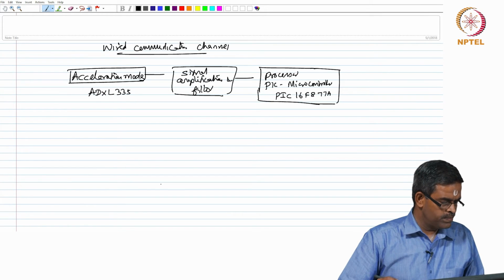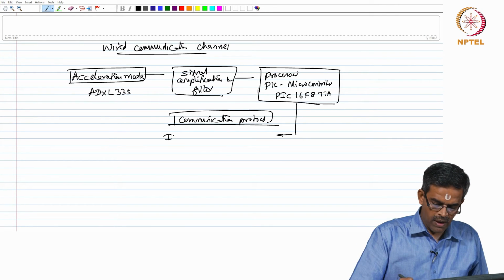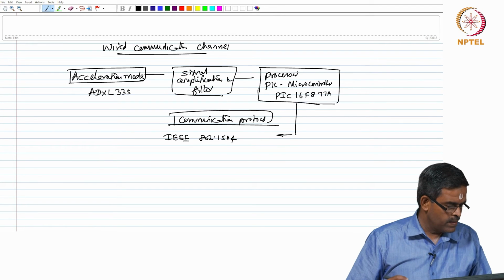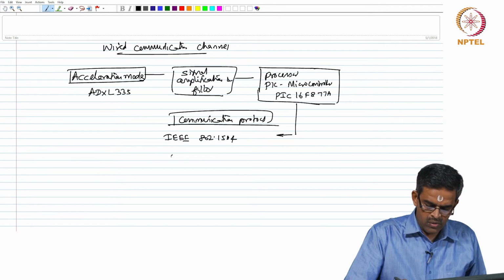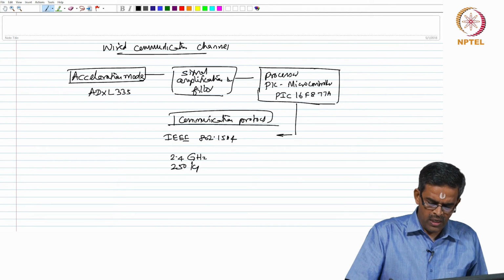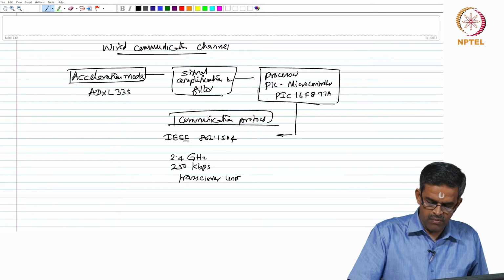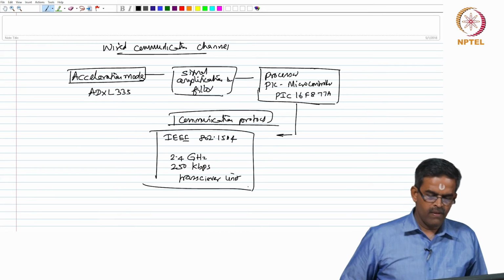Then it leads to the communication protocol, which is essentially IEEE 802.15.4, with a capacity specification of 2.4 gigahertz, 250 kbps transceiver unit, which is being used in the design.